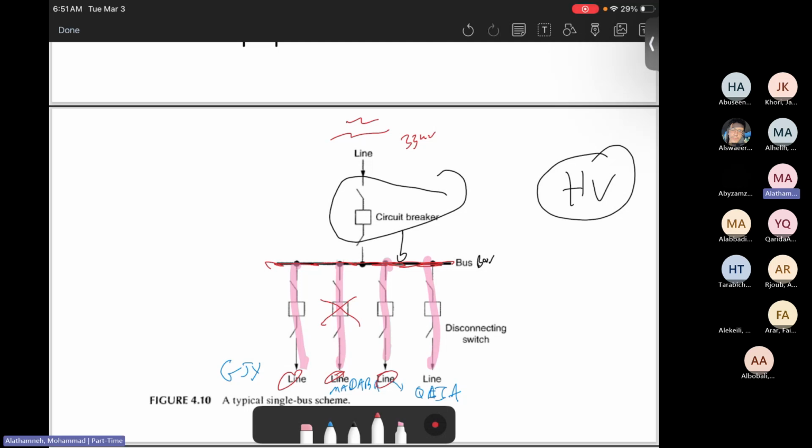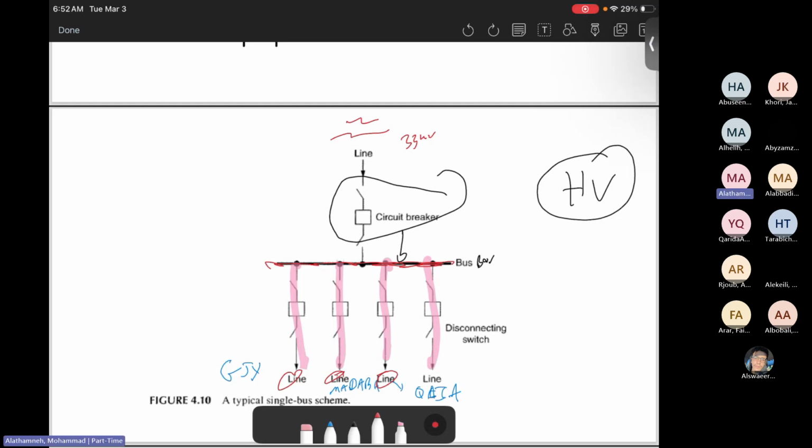But we don't need to disconnect the power from GJU or Queen Alia Airport or the other cities. Then we can keep it more reliable. Therefore, we need a circuit breaker on each line, so if there's something wrong in one of the lines, it will not impact the rest of the lines. That's the goal of having the circuit breaker on each line.